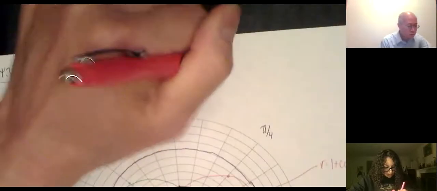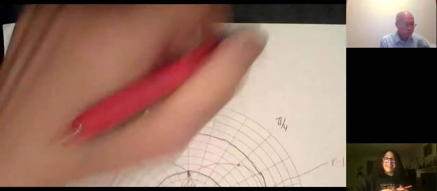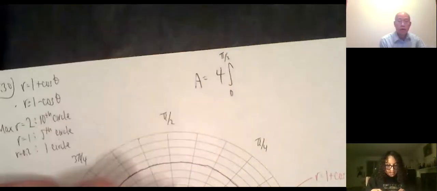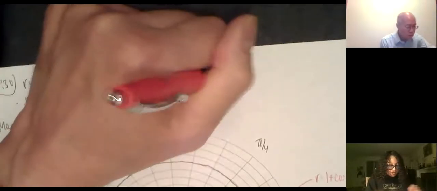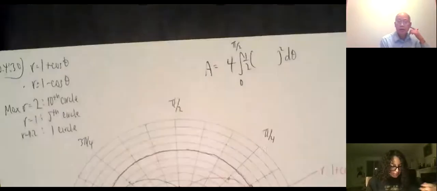Okay, so the setup for the area is 4 times the integral, just in the first quadrant, 0 to pi over 2, 1/2 r squared d theta.